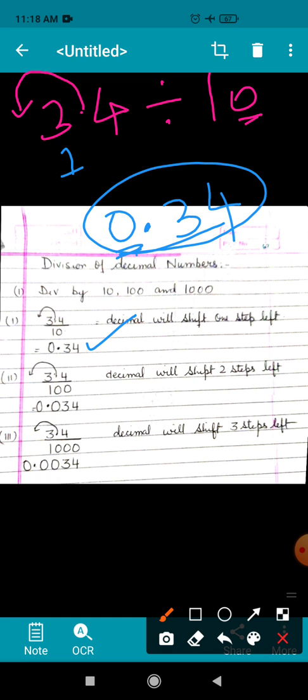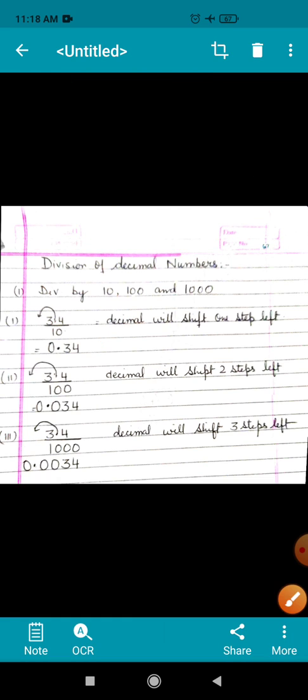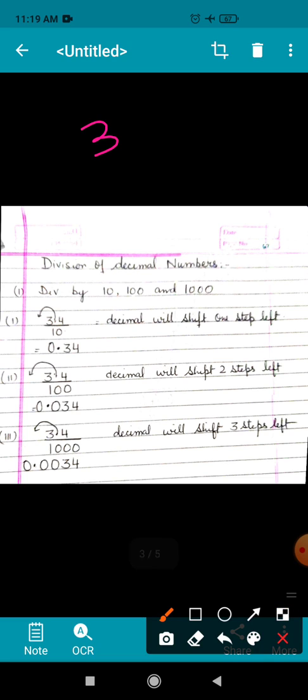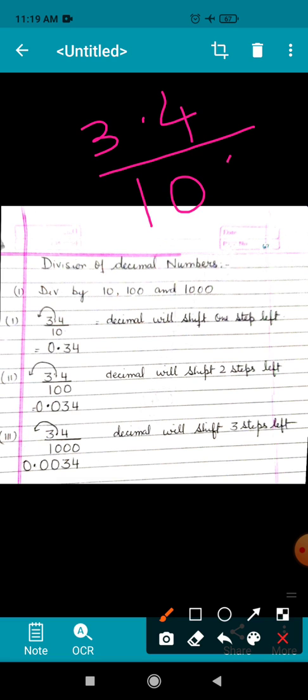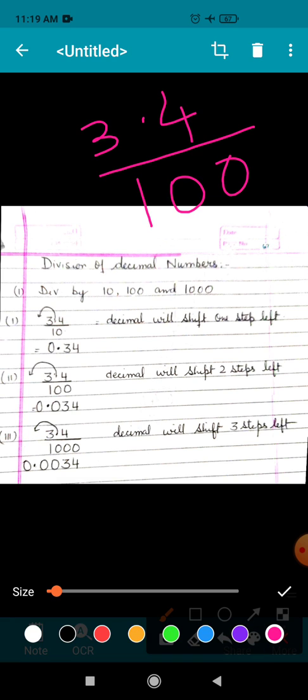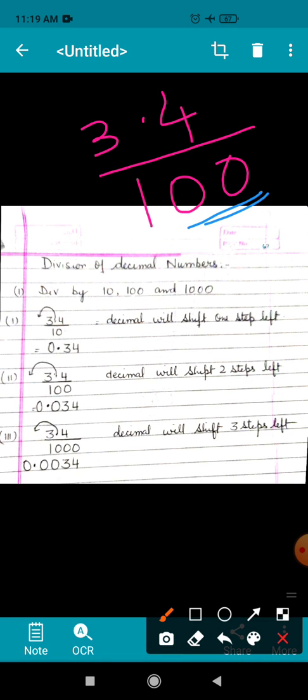Now let us see how we can divide the same number by 100. 3.4 divided by 100. How many zeros? Yes, 2 zeros. So this point will move one step and then 2 steps.